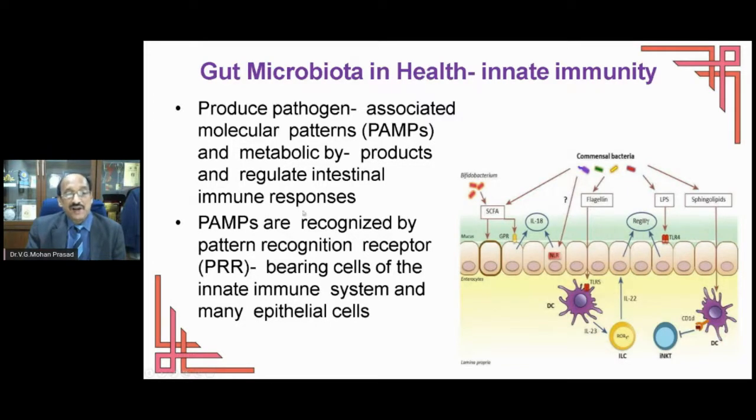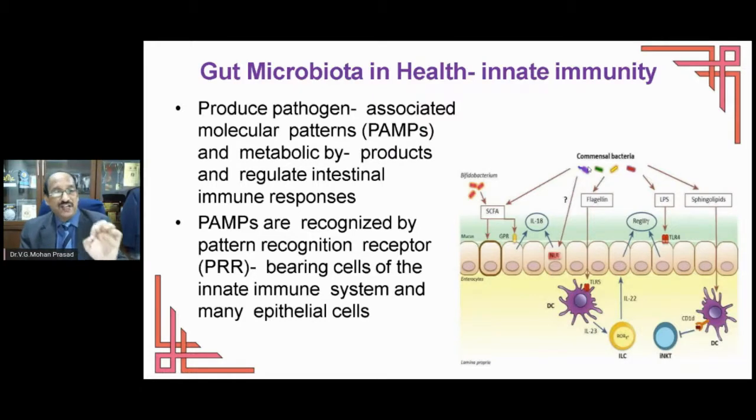And the PAMPs are recognized by the pattern recognition receptor, called PRR, bearing cells of the innate immune system and many epithelial cells. So the PRRs, or the pattern recognition receptors, are found on our epithelial cells. The PAMPs are usually small carbohydrate sequences, or carbohydrate-like amino acid plus glucose sequences or things like that.